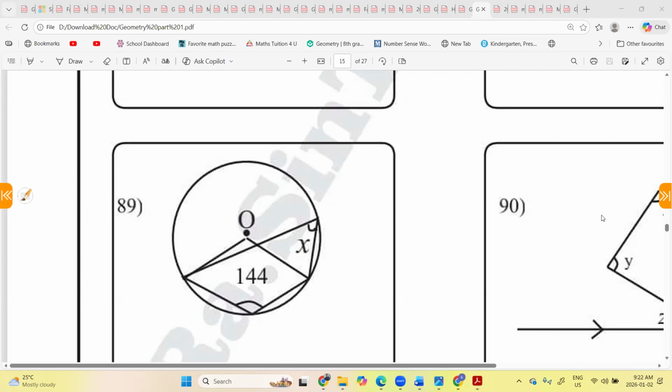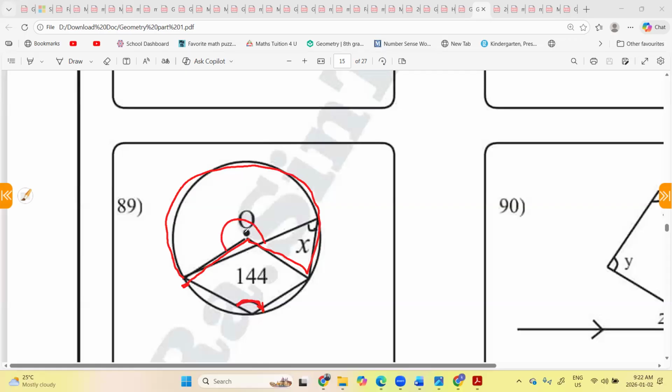Diksha, 36. Students, most of the students sent 36, so we will check whether that is correct or wrong, right? Okay, right, students, listen. If this is 144, these are the subtended angle and the remaining part of the circle is 144.